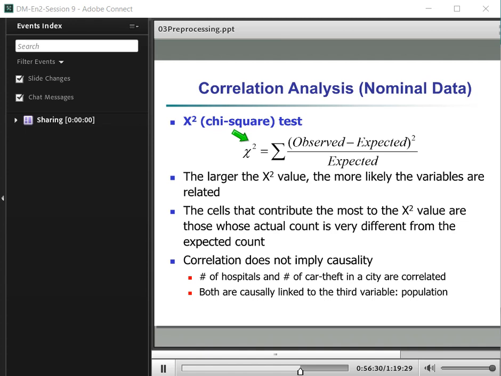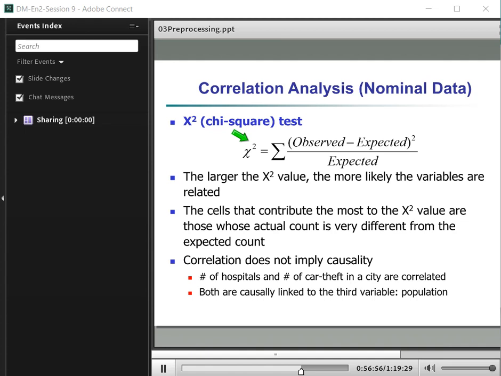A larger chi-square value means those variables have more relation, are more related together.